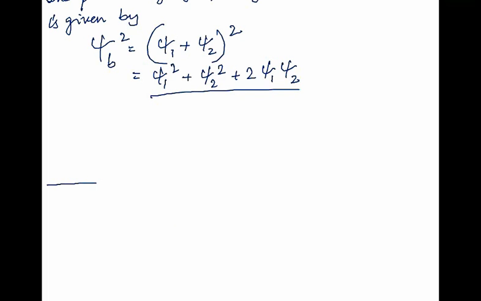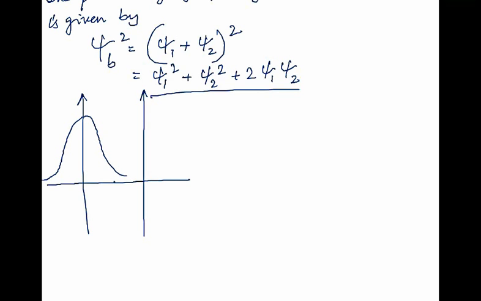If this is the axis, there are two wave functions on the same axis, psi1 and psi2, and this is the internuclear distance r.